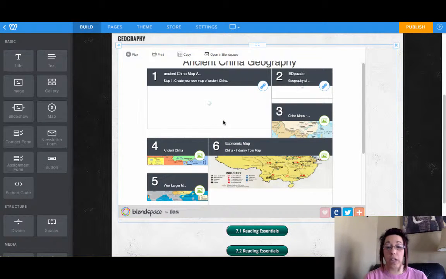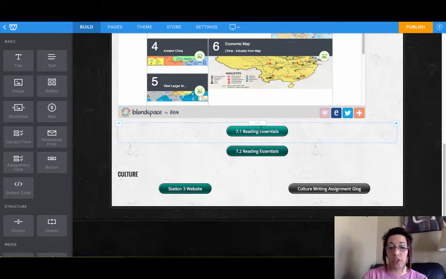So by this point in class, they were trained, they knew to go into this Blendspace and follow it page by page to create a map of China. Some students would create that map digitally. Others would ask for a copy and create it on paper. From there, for this learning target, we went into some reading, which were pieces from our textbook.